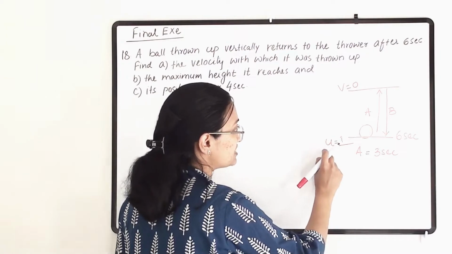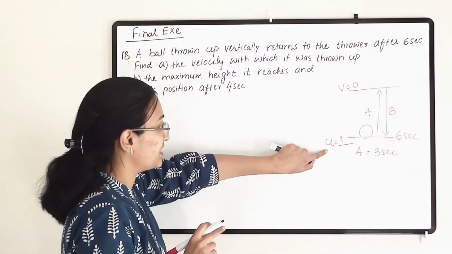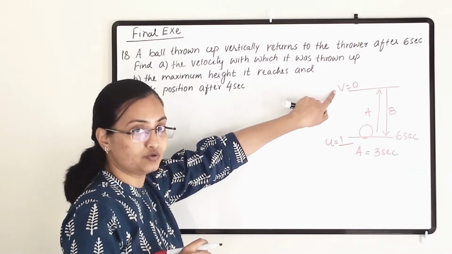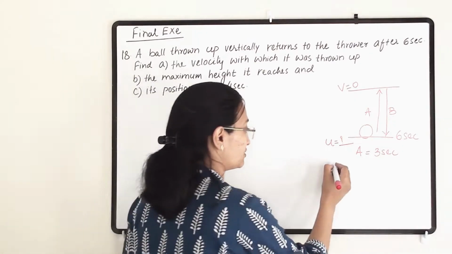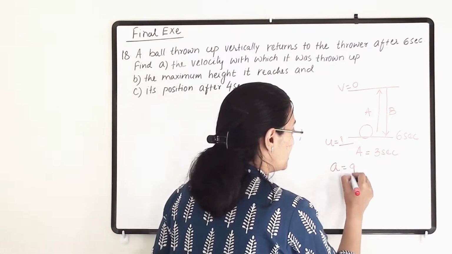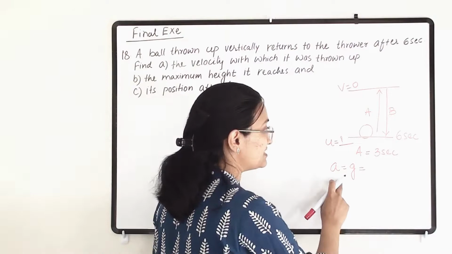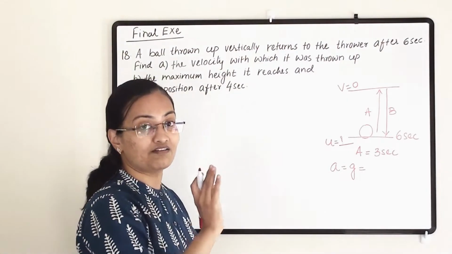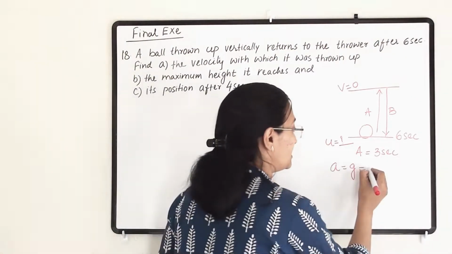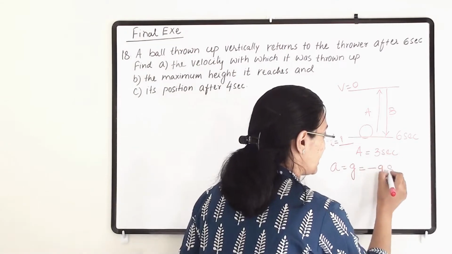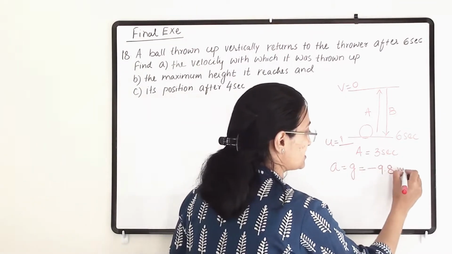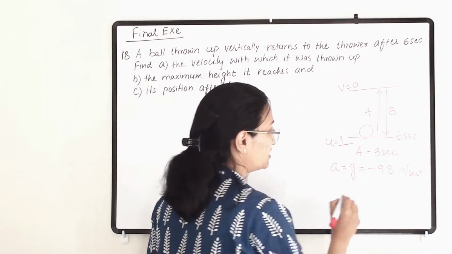So in this case, u we have to find out and v is going to be 0. Now acceleration is going to be equal to the gravity, and that is against the gravitational force, so it is going to be negative. So minus 9.8 meter per second square we are going to take here.